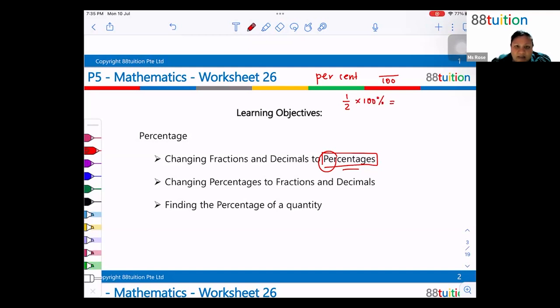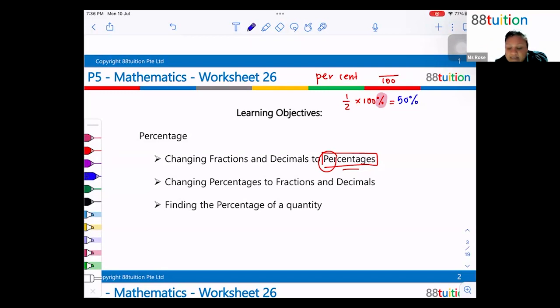Except that I do not need to include the symbol when I press the calculator. I just put half times 100, and it's understood that the answer is 50%.